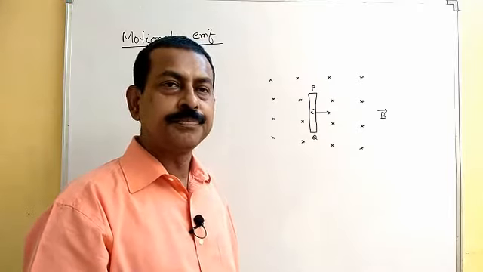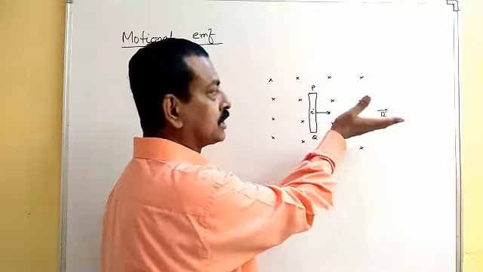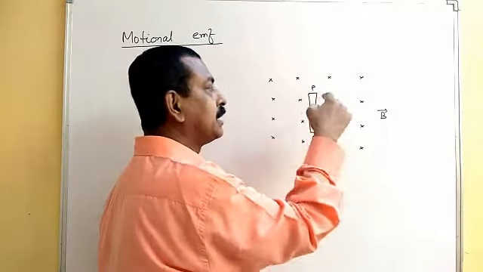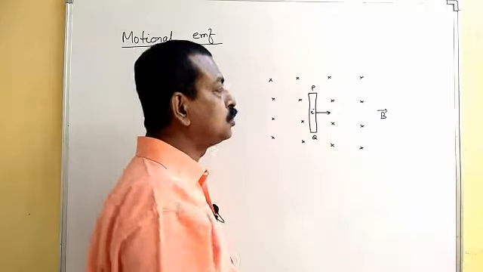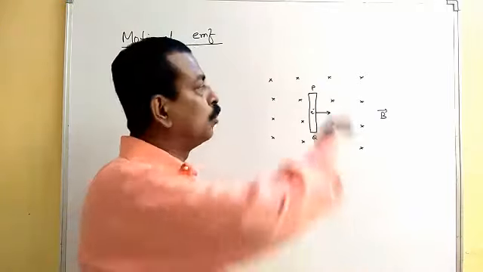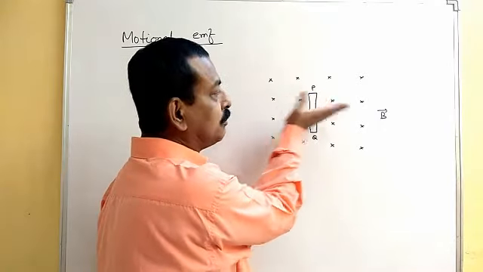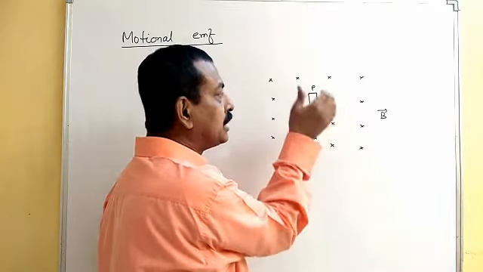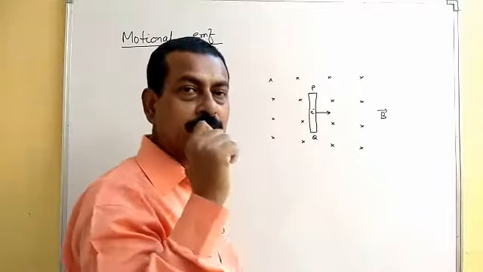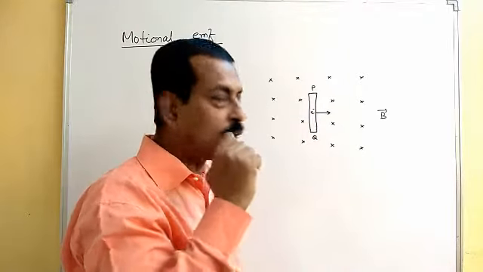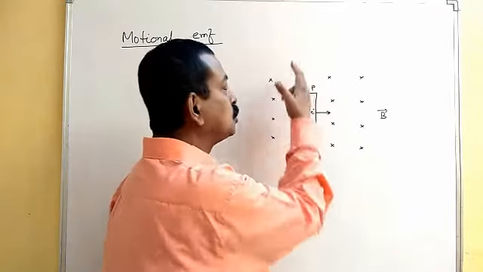If the velocity is in this direction and the magnetic field is into the plane, the force on a positive charge will be in the direction Q to P.